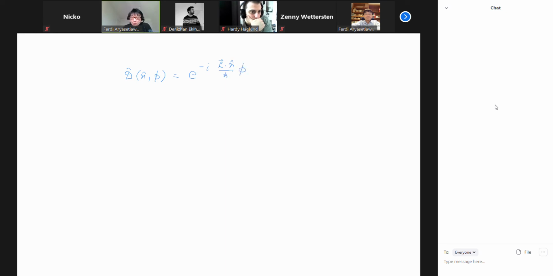So that corresponds to rotation by angle phi around axis n. So we have considered this rotation in real space.